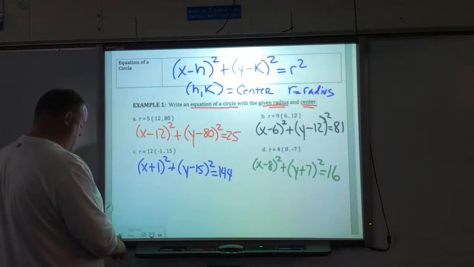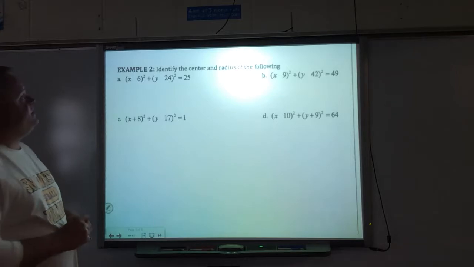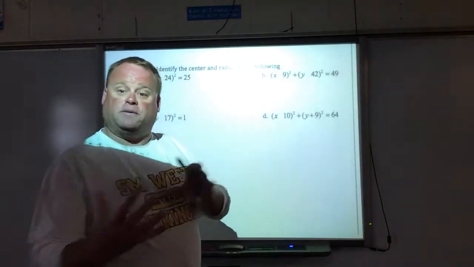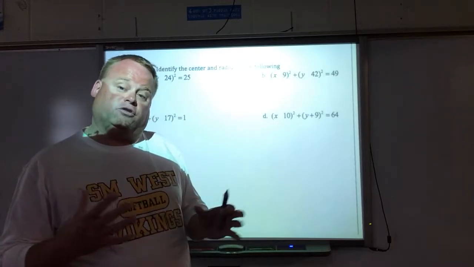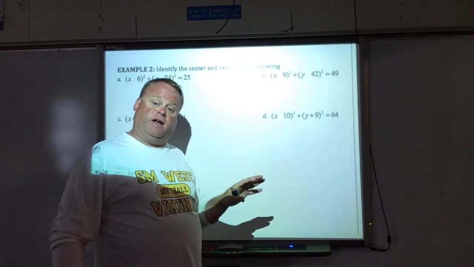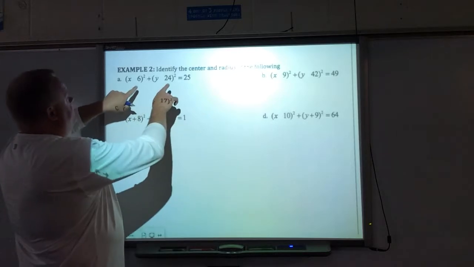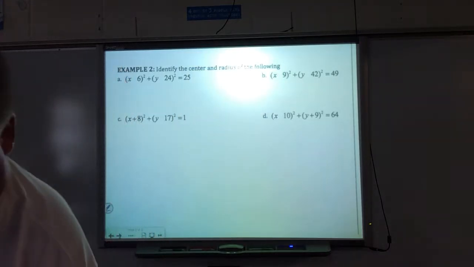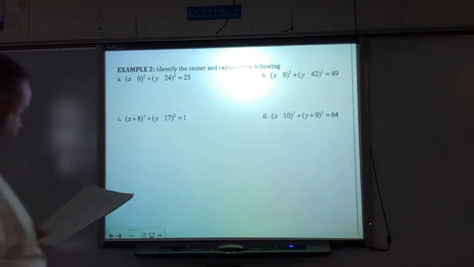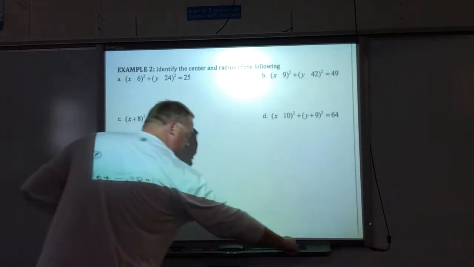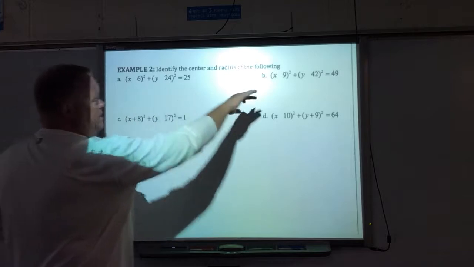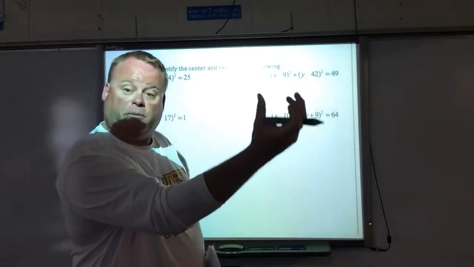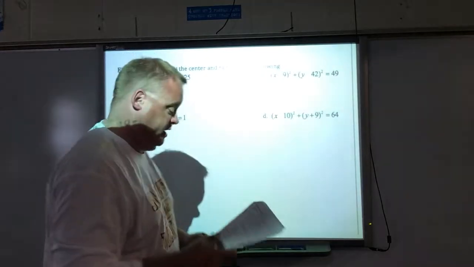All right. Next one. Identify the center and radius of the following. So I'm going to go in the opposite direction in which one we just went. We were given the center and given the radius. Now I'm actually given the equations, and it looks like something didn't come through, so I'm going to make sure I put this in here real quick. Our signs didn't come through somehow, but I am taking the equation and I'm going to pull out the center and I'm going to pull out the radius.